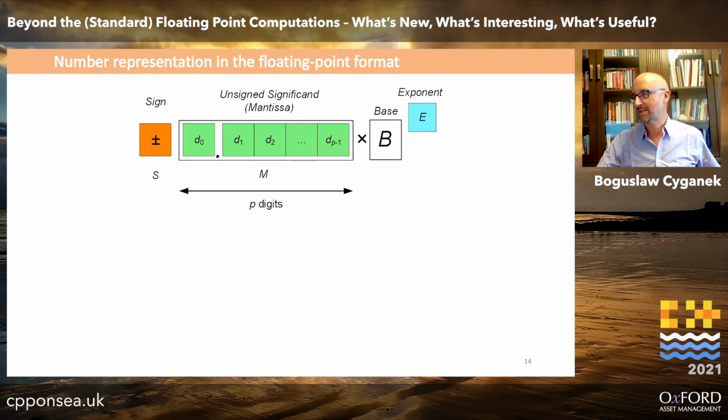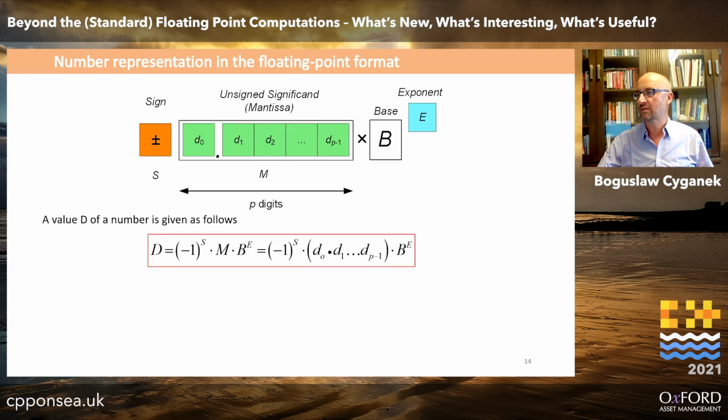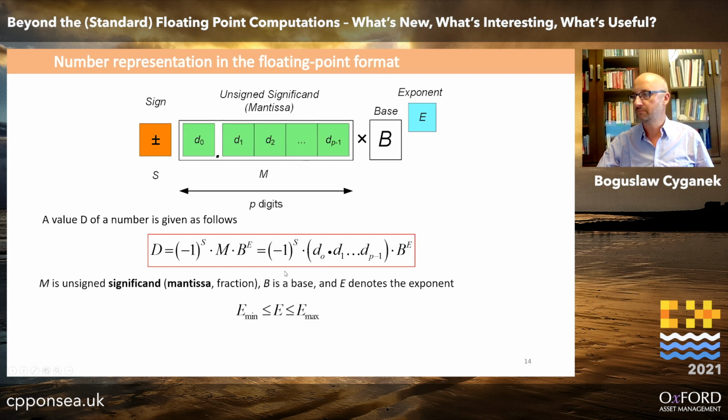So once we have this representation, its value can be read from this formula, and we have the special D0 bit which does not need to be stored, and we have the constant base, which in the IEEE standard is 2. Sometimes it can be 10 for some special cases, and we have this exponent, so the formula is quite simple.